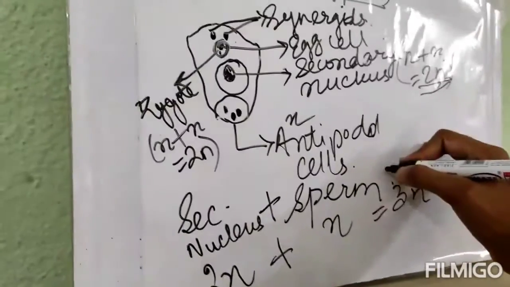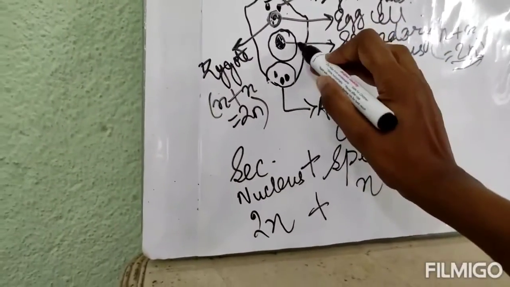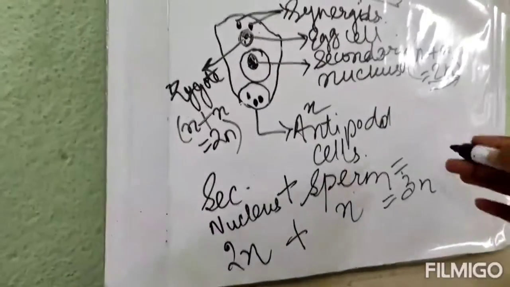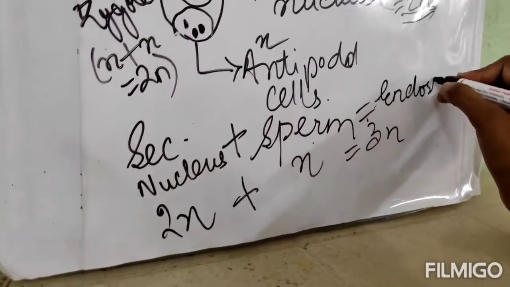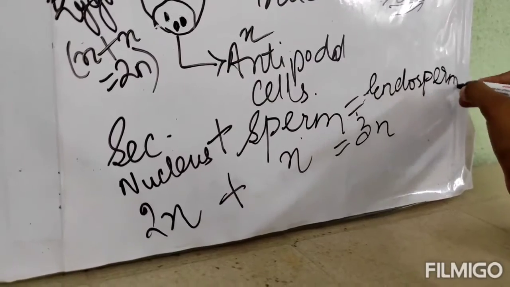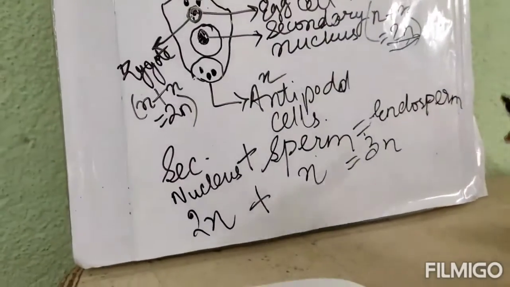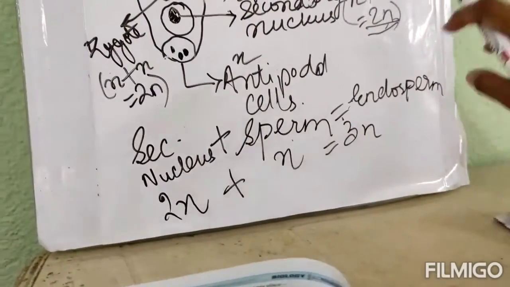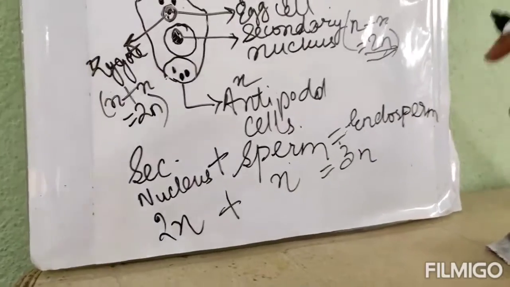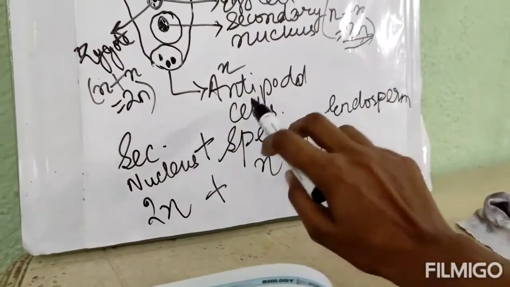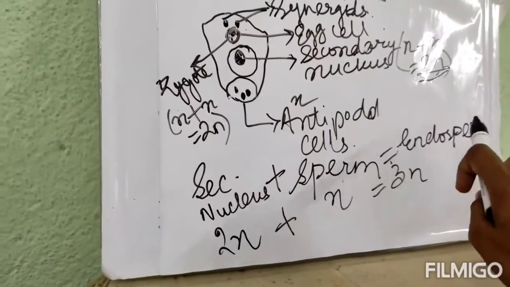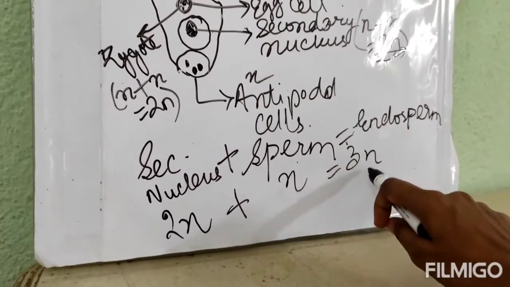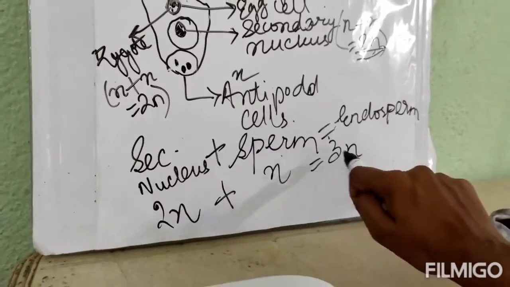And what will be the resultant product? This secondary nucleus and the sperm will fuse together to form the endosperm. This endosperm is the nutritive tissue from where a growing plant gets its nutrition. It is not haploid, not diploid, but triploid in nature. 2N plus N equals 3N.